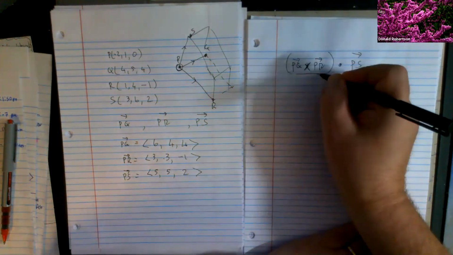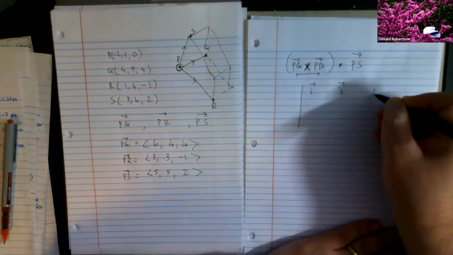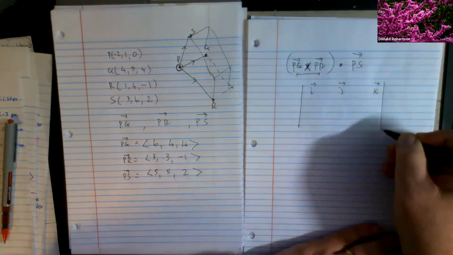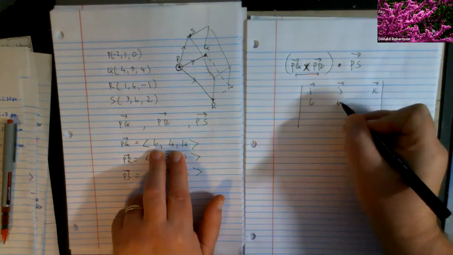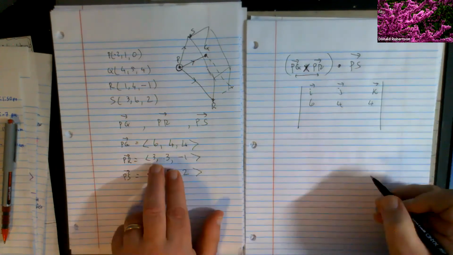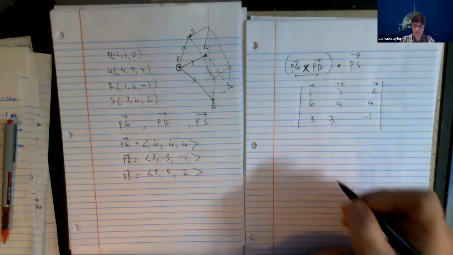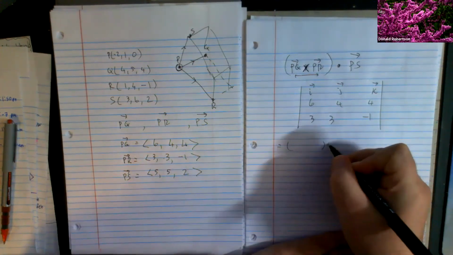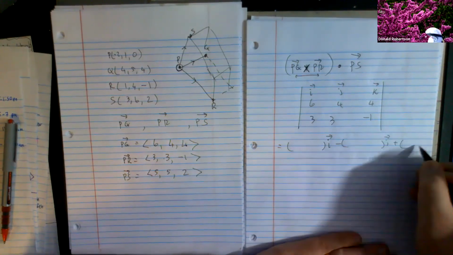It's going to be I, J, K, and we are looking at 6 and 2 4s and 2 3s and a -1. Agreed? Yes. And so it's so many I's, take away so many J's, plus so many K's.